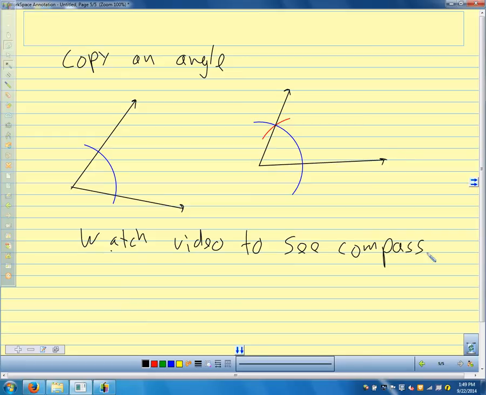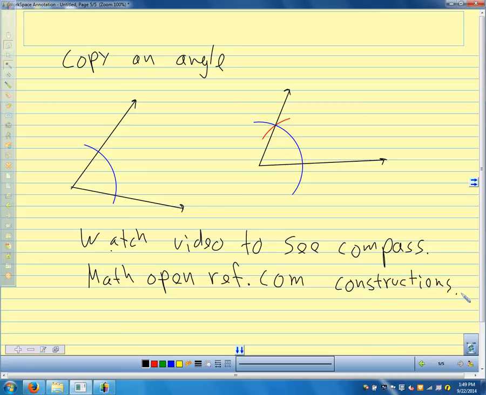You can also, there's a website called Math Open Reference, mathopenref.com, and they have constructions that are similar to what I did on the board with the little animated compass that show these constructions as well. Same kind of thing. So you can look at that website to see instructions on how to do the constructions, and I also gave you the step-by-step instructions on the note sheet.